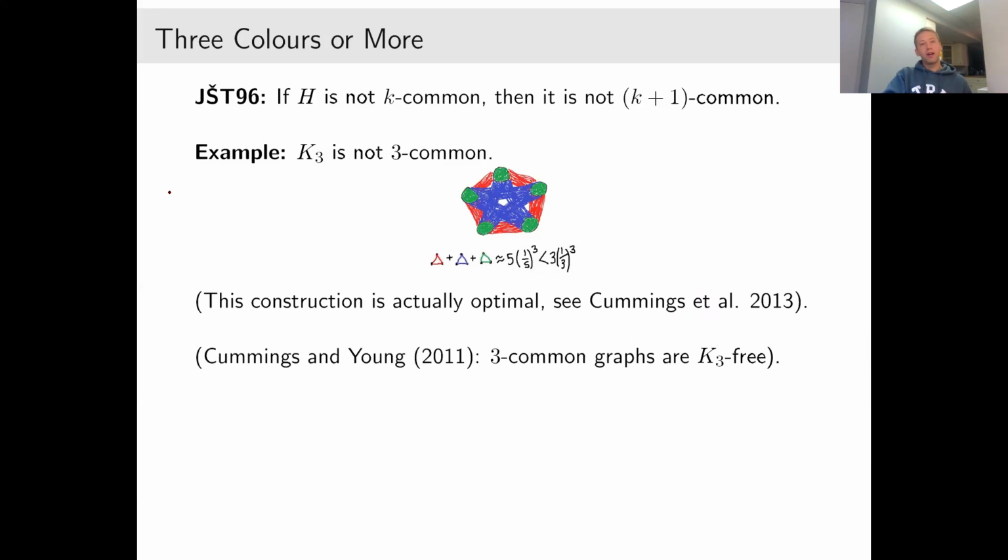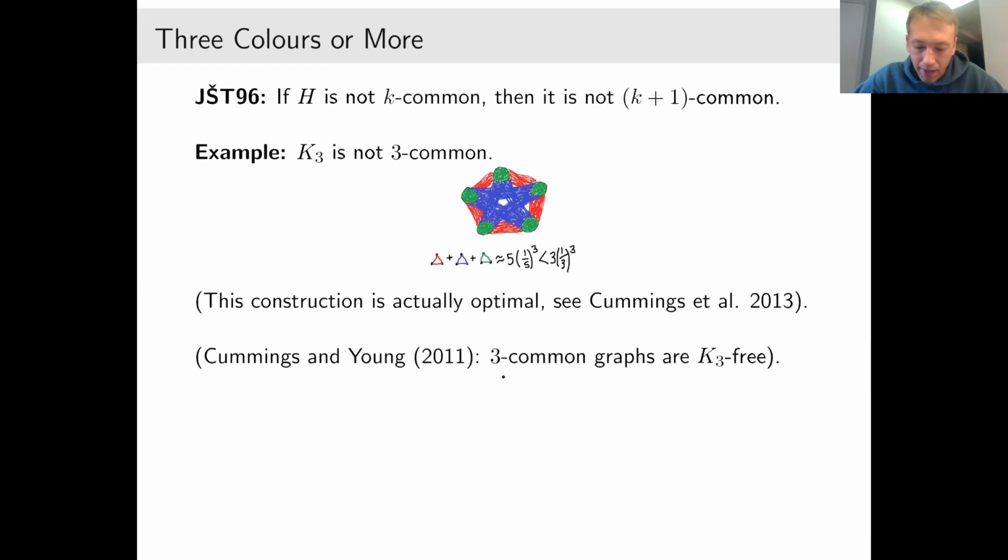So the triangle is not 3-common. An interesting extension of this proved by Cummings and Young is that if you have any graph that has a triangle, it automatically fails to be 3-common. And remember, by this observation of Jagger, Šťovíček and Thomason, if you fail to be 3-common, then you fail to be 4-common, 5-common, etc. So triangles are bad.